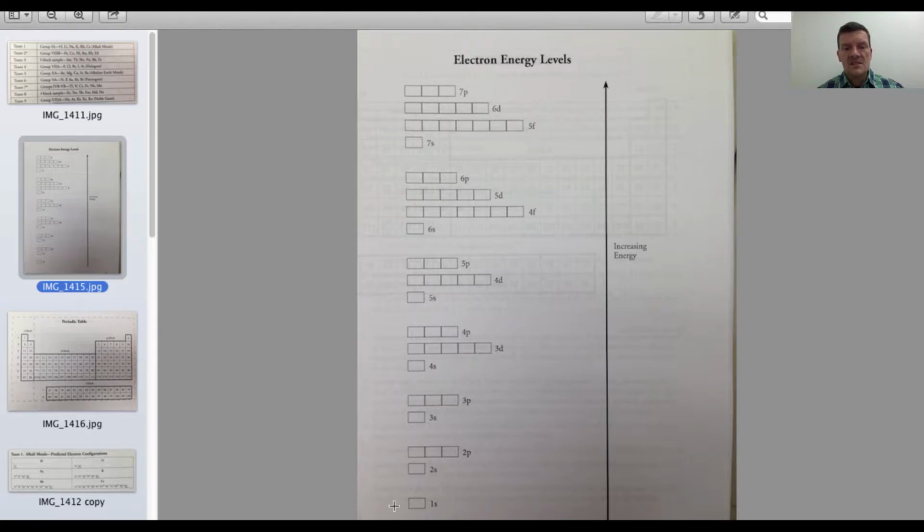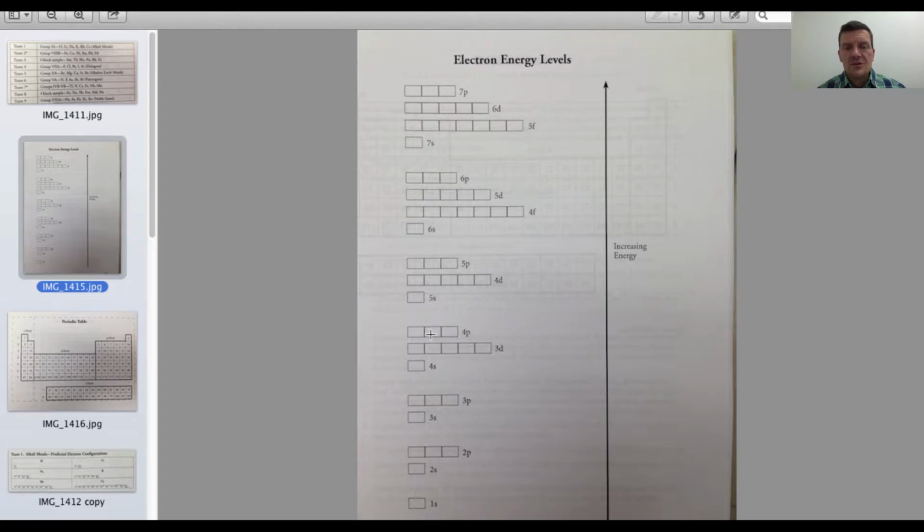So 1s gets filled first, then 2s, then the 2p orbitals, then 3s, then 3p, then 4s, and then it gets a little bit less logical, I guess, because we're going to start to fill the d orbital, and the d orbital's energy position is in between the 4s and the 4p.